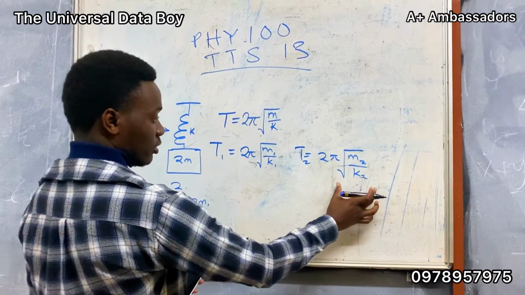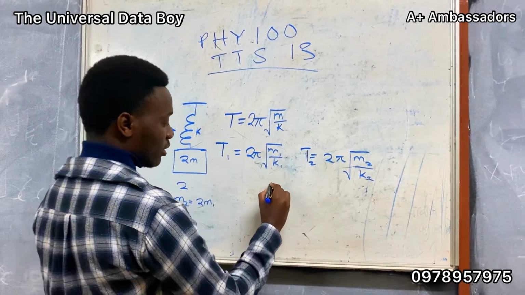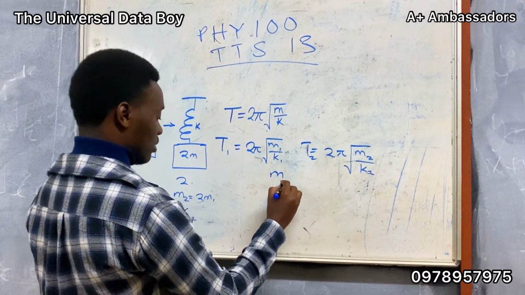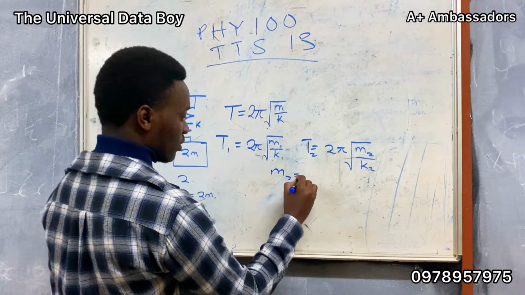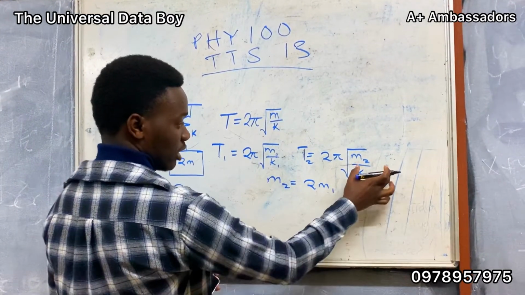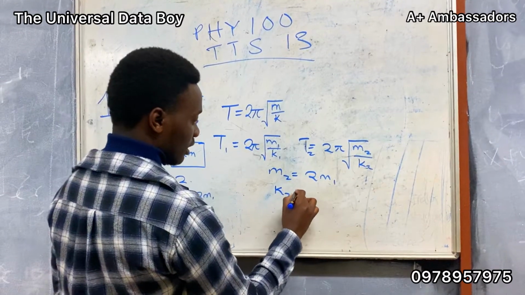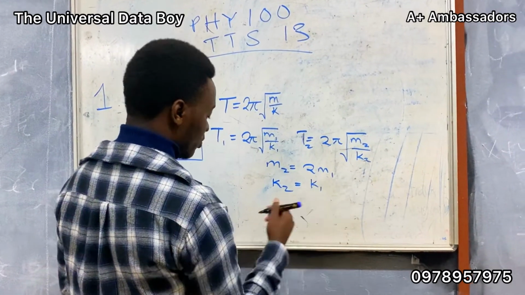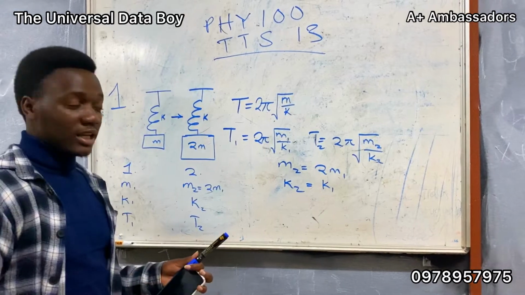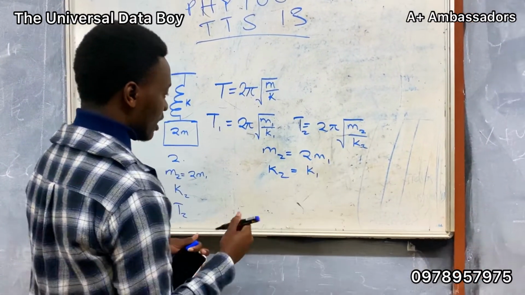We are being told that m2 is equal to 2m1, meaning where there is m2, you can replace it with 2m1. And k2 is just equal to k1 because the spring is not changing, which means the spring constant is still the same.